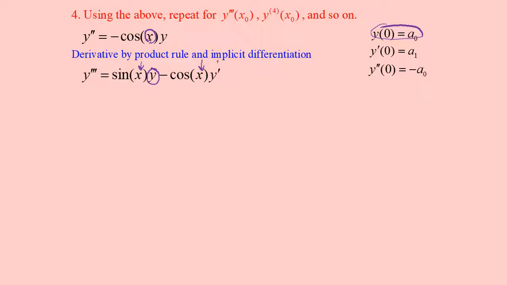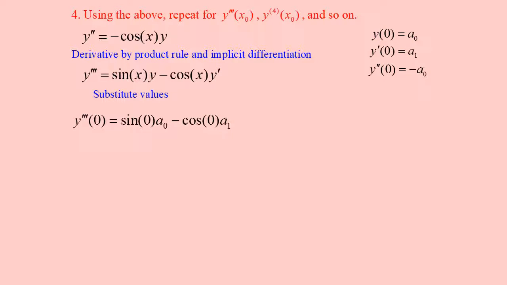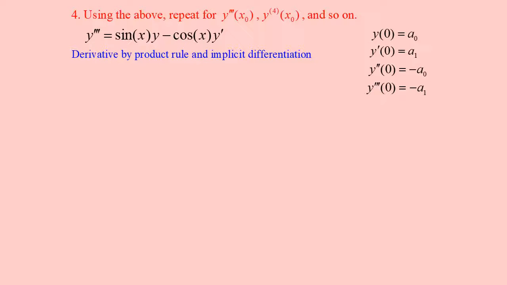In place of the y prime, that's what we decided in the beginning, we're going to use an a1. So making those substitutions, here's what we come out with. And then simplifying that and adding that to our list. And then doing the next derivative.